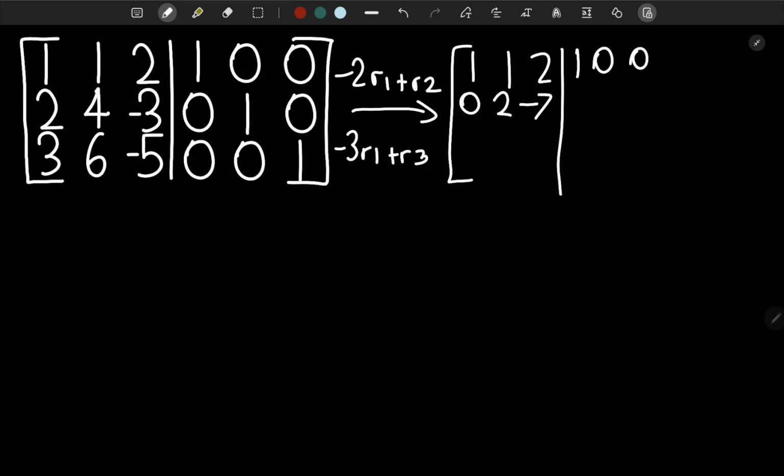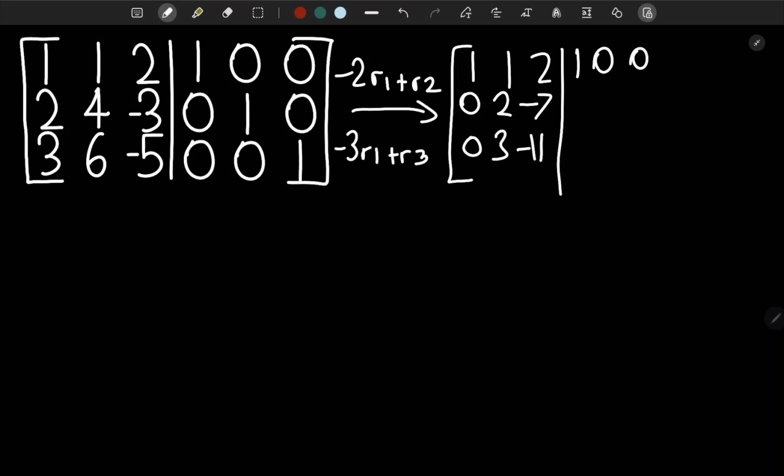And moving on, so here in row 3 we are doing minus 3r1. So for the first one it will be 3 minus 3, for the second it will be 6 minus 3, so 3 will be there, and then minus 5 minus 6, so we will have minus 11. And for these numbers, let's do the same.